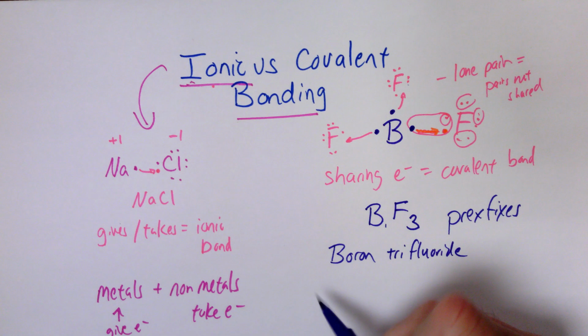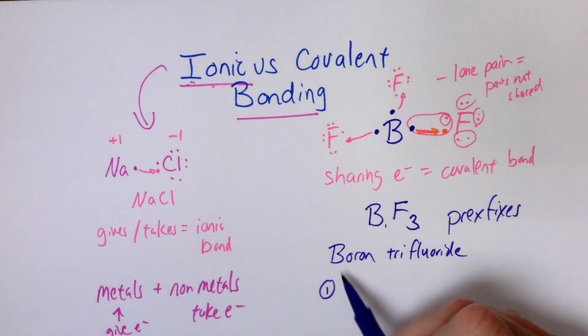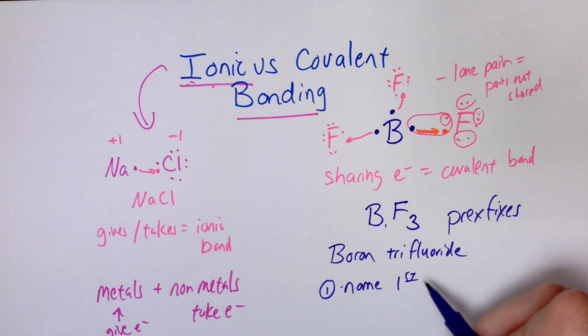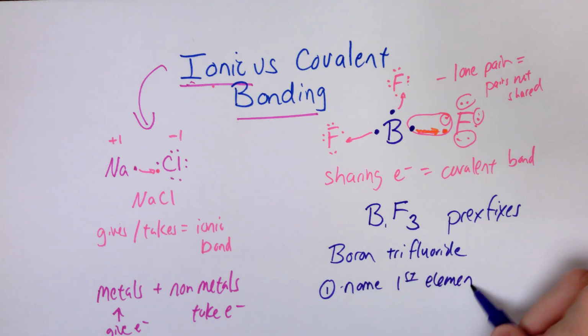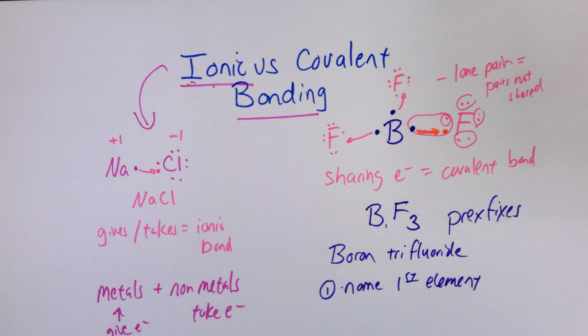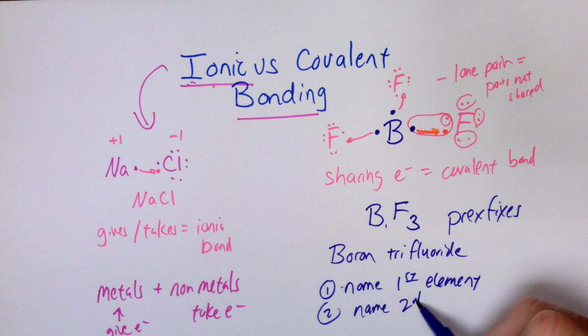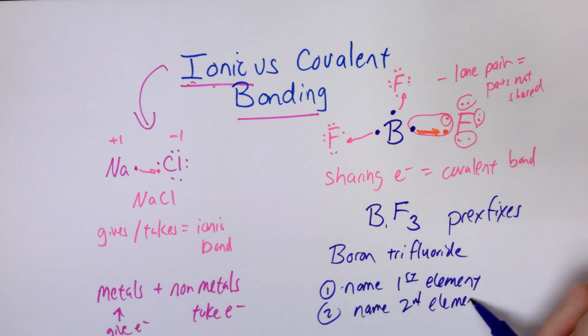So the rules for naming. 1, you're going to name the first element. You say boron. 2, name the second element.